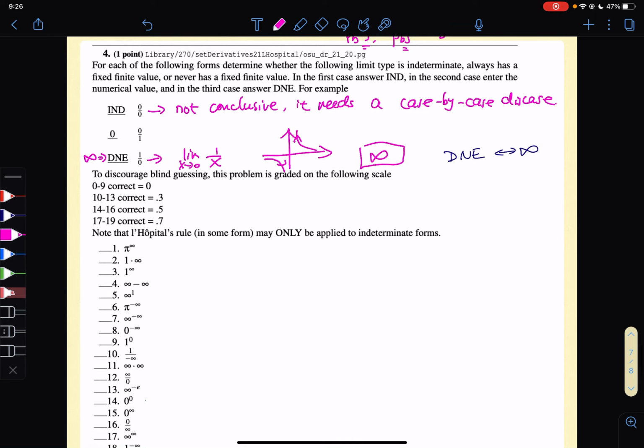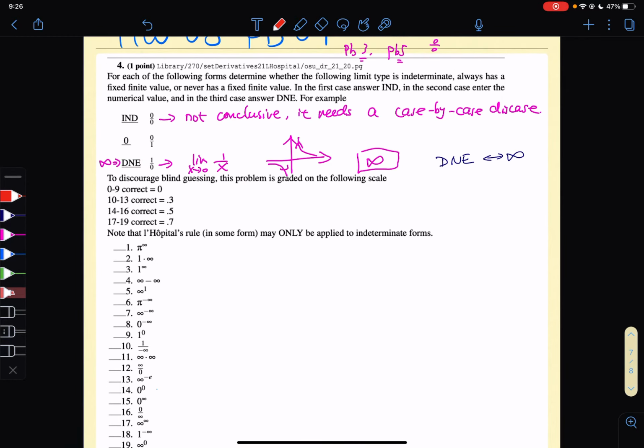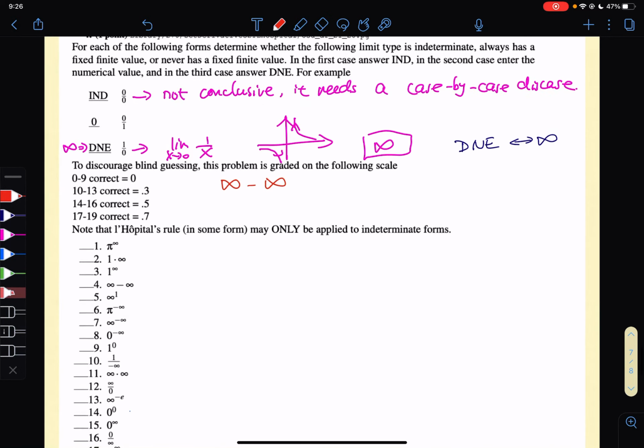Well, there are several things we've mentioned that are actually not defined. It's a case-by-case discussion, so probably you can still recall them. Some of them were discussed when we first introduced the idea of infinity, and we actually tested it on the midterm. We said infinity minus infinity is not defined, right?